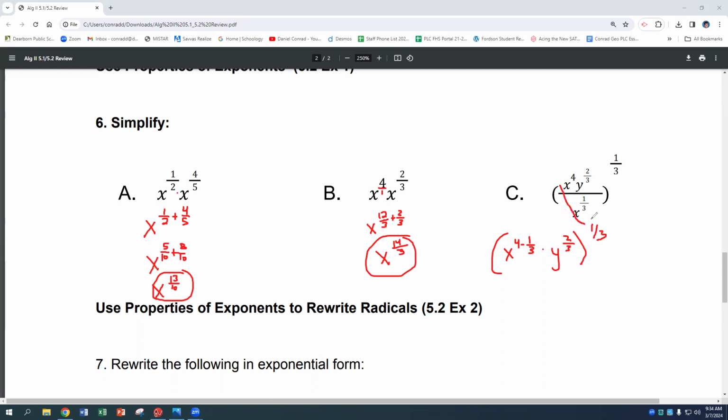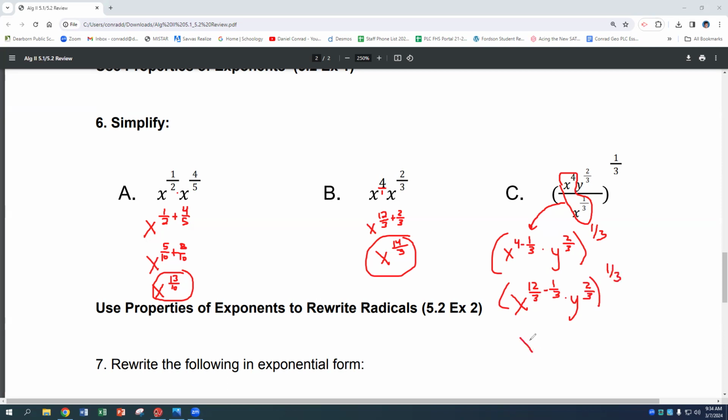So I'm combining these two together by subtracting the 1/3 from the 4. Okay, so the common denominator is 3. So again, that's going to be 12/3 minus 1/3 times y to the 2/3, all to the 1/3.